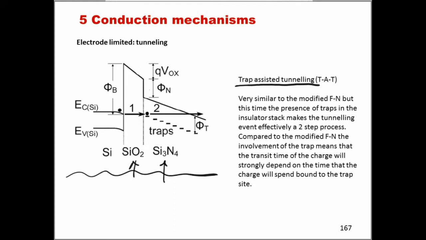It is extremely complicated if someone wanted to find an analytical expression for this type of phenomenon, but they are generally modeled, and simulation tools are created to try and verify whether in a given device trap-assisted tunneling could be at play.